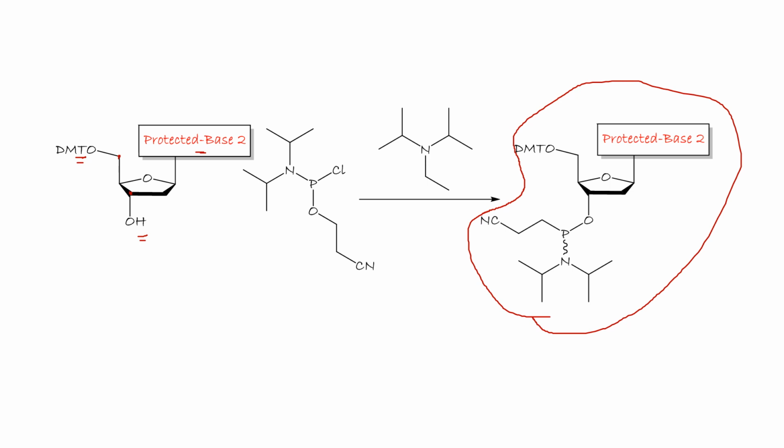Phosphitylation using phosphorus trichloride with 2-cyanoethanol, then N,N-diisopropylamine to prepare this phosphitylating agent in situ, and in the presence of N,N-diisopropylethylamine as a non-nucleophilic base, we get this species.